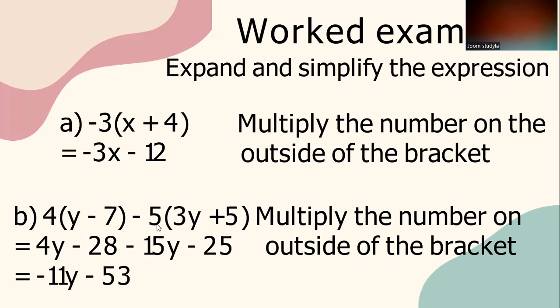Minus 5 multiplied by 3y becomes -15y, and -5 multiplied by 5 becomes -25. So you have to simplify. 4y minus 15y will become -11y, and -28 minus 25 will become -53.